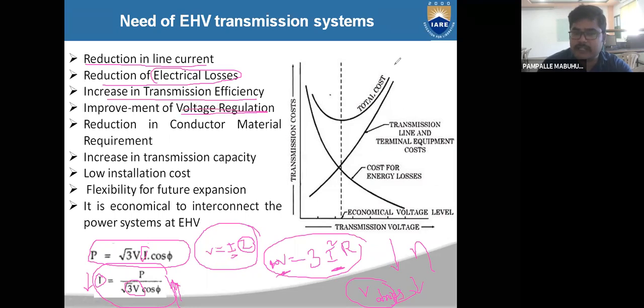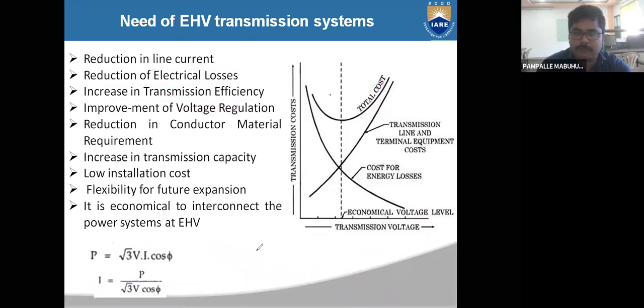What is voltage regulation actually? If you are transmitting power from one place to another at a long distance through a transmission line, call them the sending end and the receiving end voltage. The regulation definition is the change in voltage from sending end to receiving end, which is VS minus VR by VR.